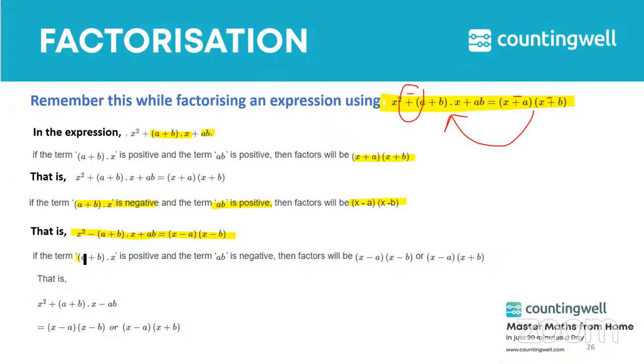But if (a plus b) into x is positive and ab is negative, then the factors will be (x minus a), (x minus b), or (x minus a) into (x plus b). That is, if you have minus here, then it can be this one or this one.